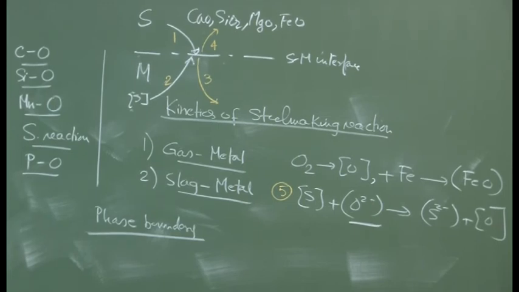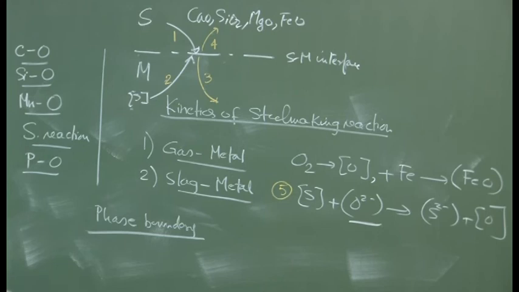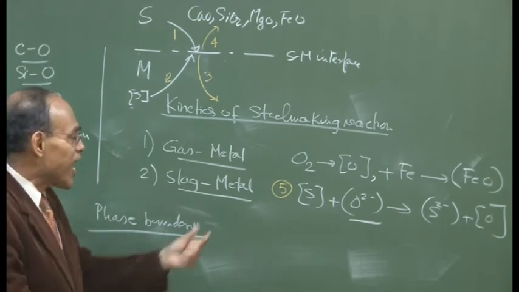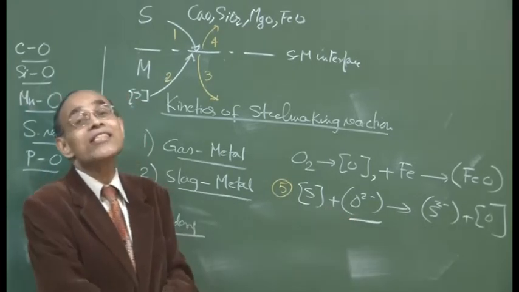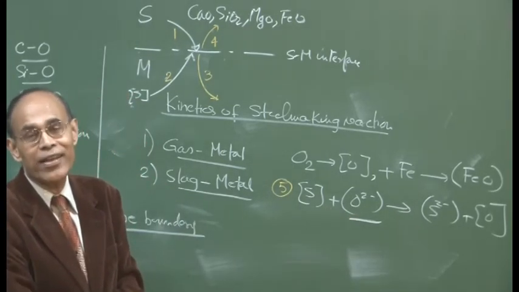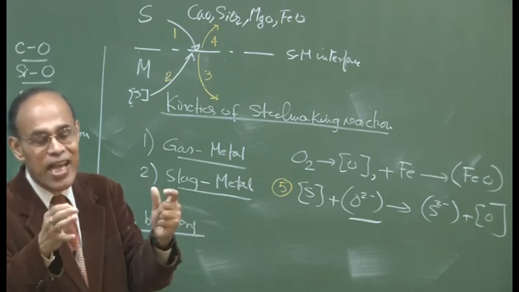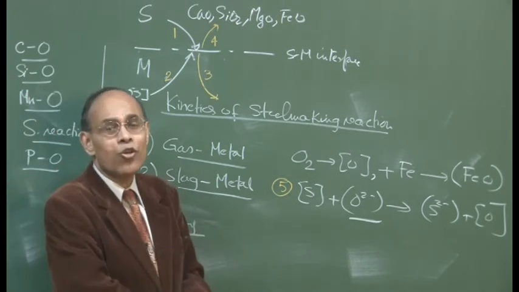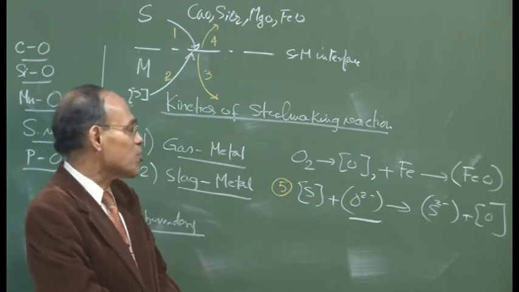Now, obviously under steel making conditions, because the temperature is very high, the rate of chemical reaction obeys an Arrhenius type of rate law, where the temperature term is engulfed in the exponential. So, at high temperature the contribution of the exponential term is very large.